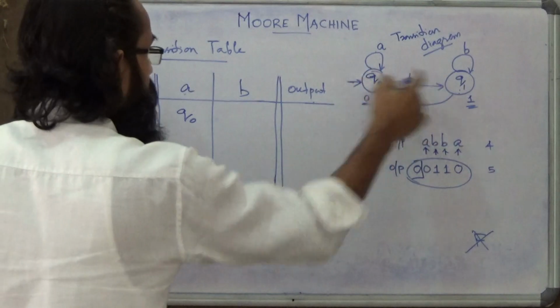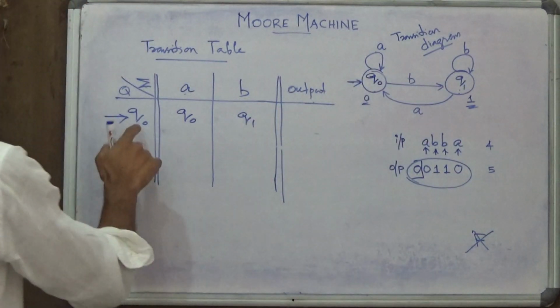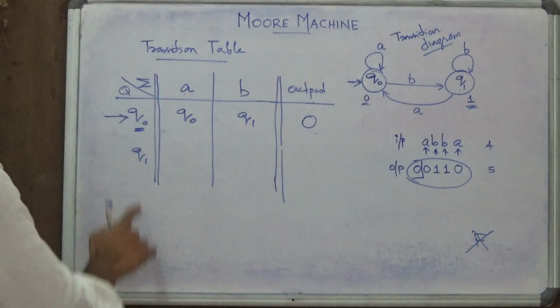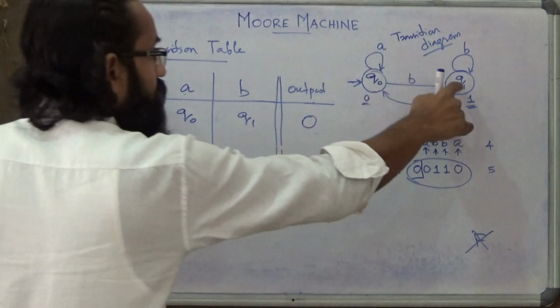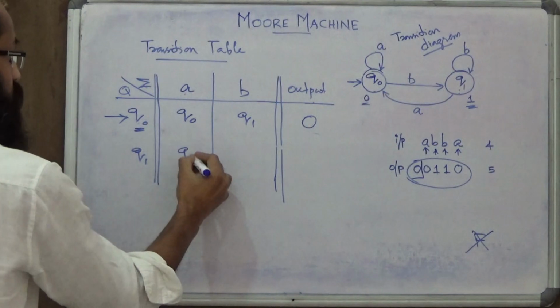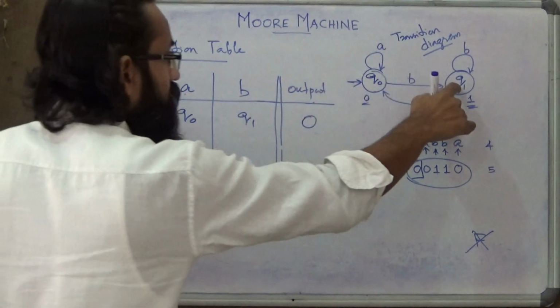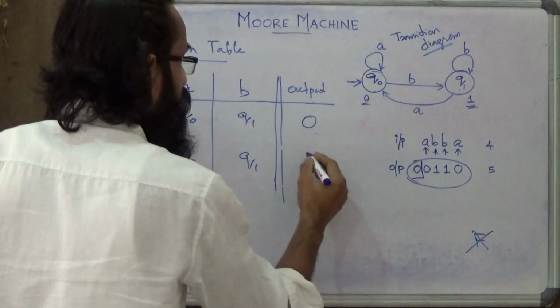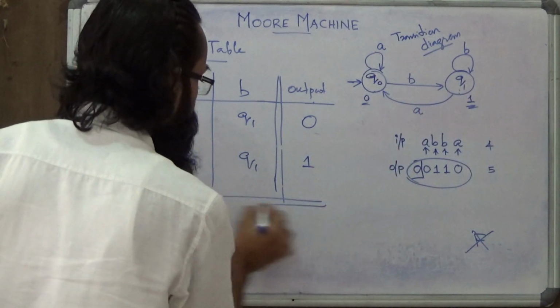Delta(Q0, B) is Q1. And if you consider Q0, the output associated is 0. Now what is delta(Q1, A)? It is Q0. What is delta(Q1, B)? It is Q1. And the output associated with Q1 is 1. So this is the tabular representation.